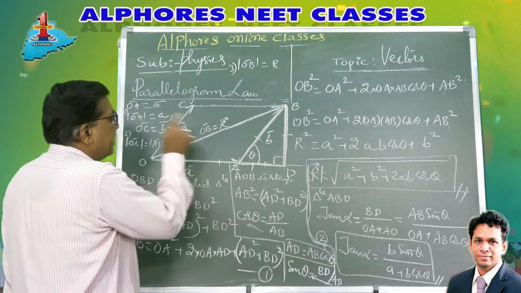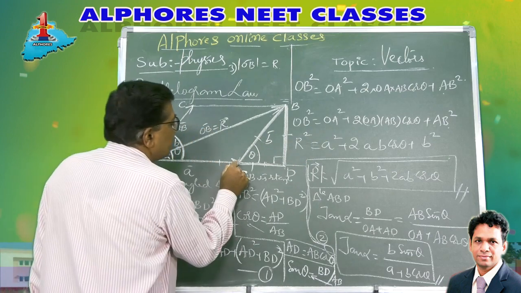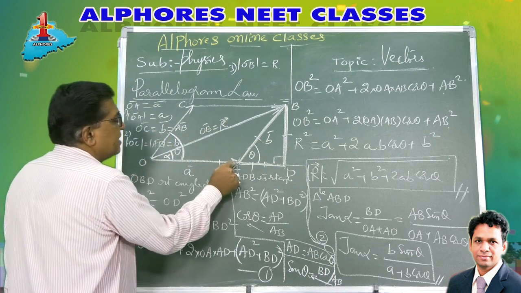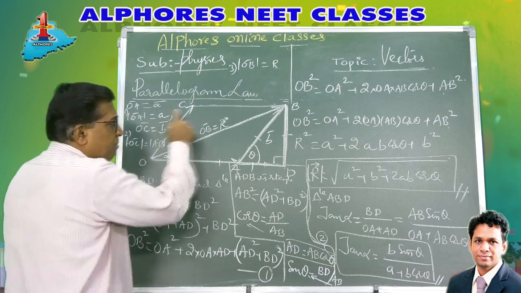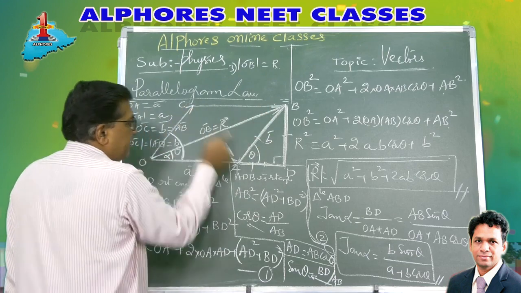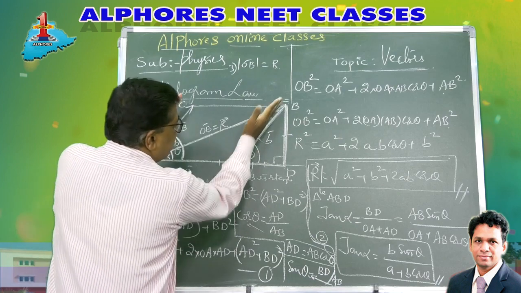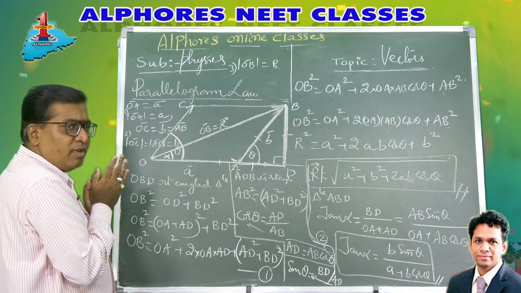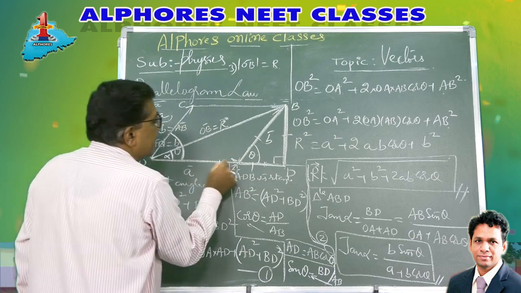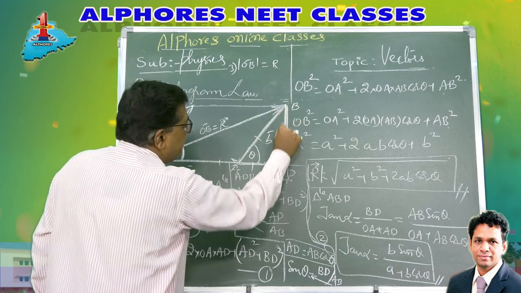Now, how do you find R? Let's make a small construction. So let us consider two vectors A bar, B bar as two adjacent sides OA and OC. Complete the parallelogram. Well, OA will be CB and OC will be AB. Both are equal and parallel like this. Right? Parallel and equal. And make a small construction. Extend this line OA. Drop a perpendicular.